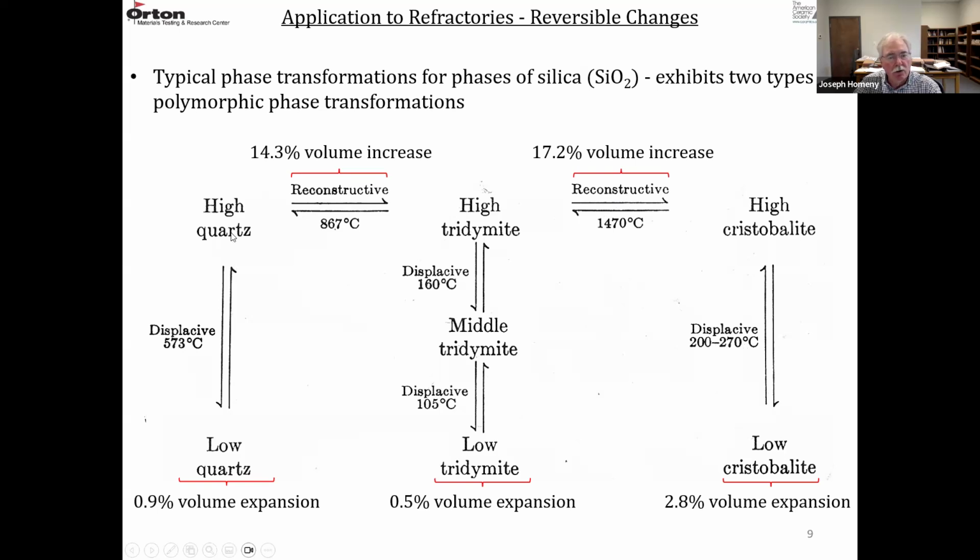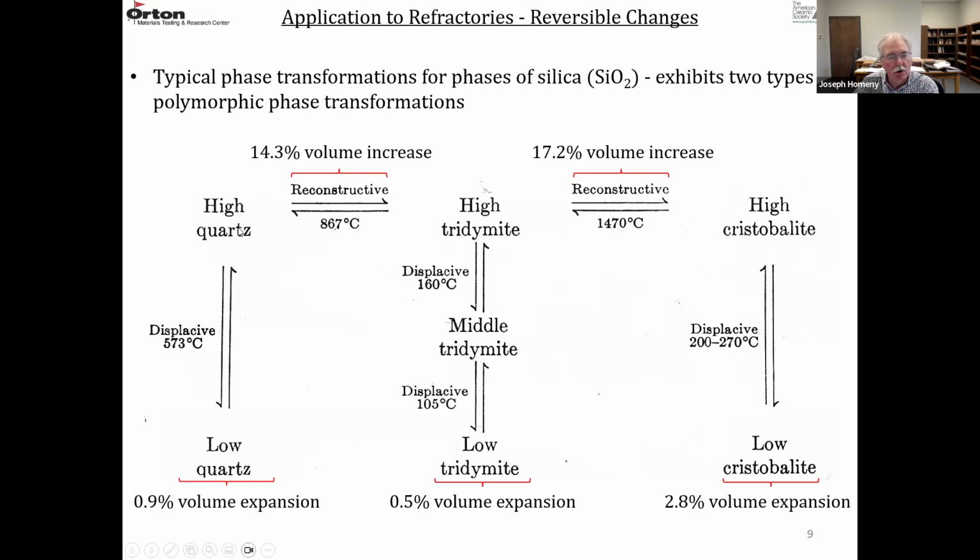So when you convert quartz to tridymite, thermodynamics predicts transformation at 867 degrees C, but that doesn't really happen because the kinetics are too slow there. So it's more realistic around 1400 degrees C. You can convert quartz to tridymite, but there's a 14% volume increase.